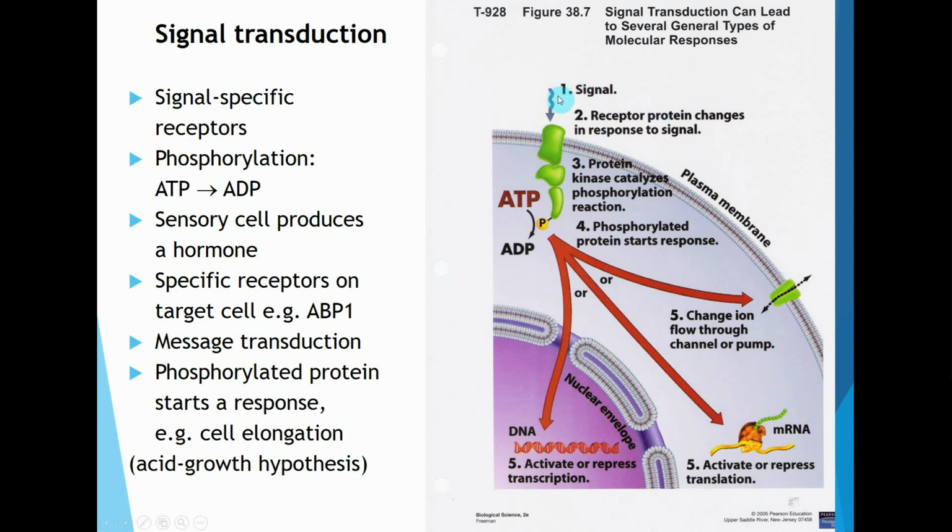Signal specific receptors, because it'll be that receptor. So you have a signal, you'll have that receptor causing a protein catalyst, ATP being used here, not terribly important. Just bear in mind that you have phosphorylation occurring here. And then we have the protein being channeled through certain ways, whether it goes to the DNA, whether it goes to the mRNA, or whether it goes to a change in the ion flow through a pump.